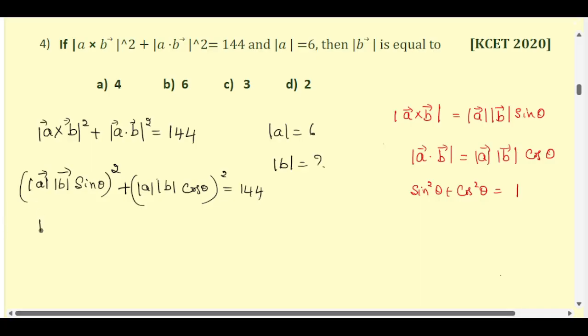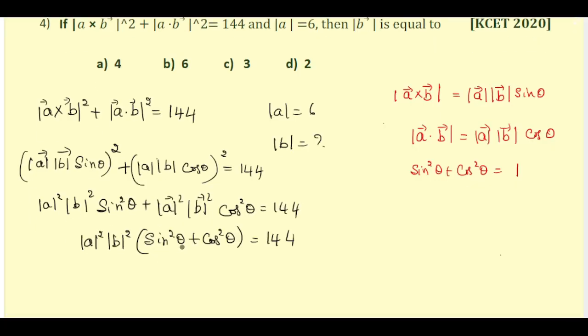This can be written as A square into B square into sine square theta plus A square into B square into cos square theta equal to 144. We know that sine square theta plus cos square theta equal to 1. Substituting, we get A square into magnitude of B square into 1 equal to 144.